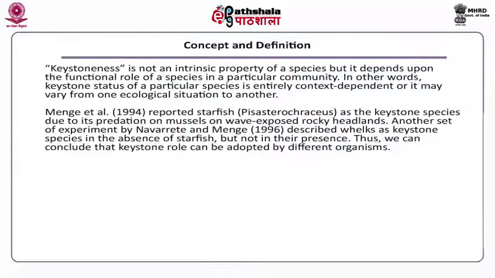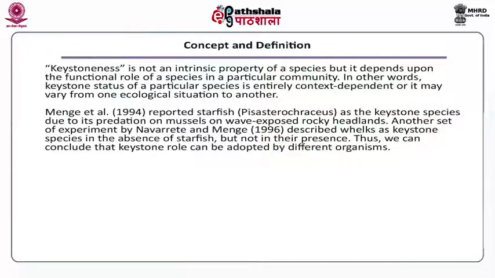Menge et al. in 1994 reported the starfish, called the yellow starfish, as the keystone species due to its predation on mussels on wave exposed rocky headlands.